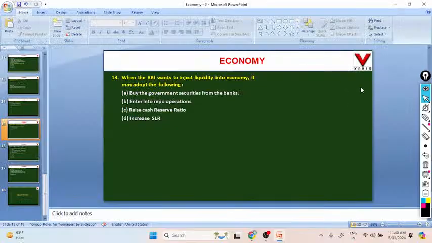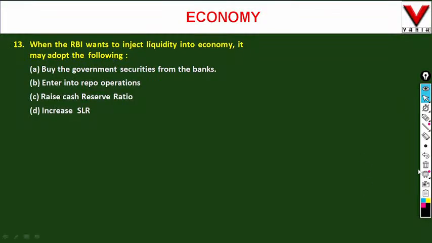Sorry, it's not buy back of government securities, and not enter into.